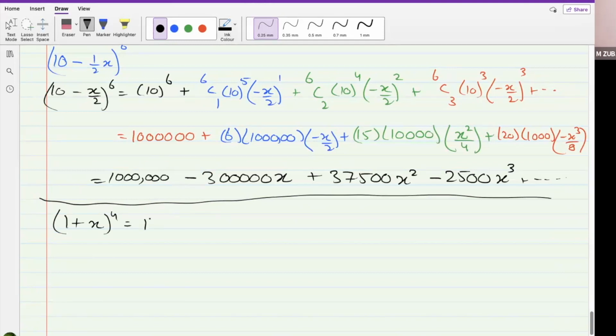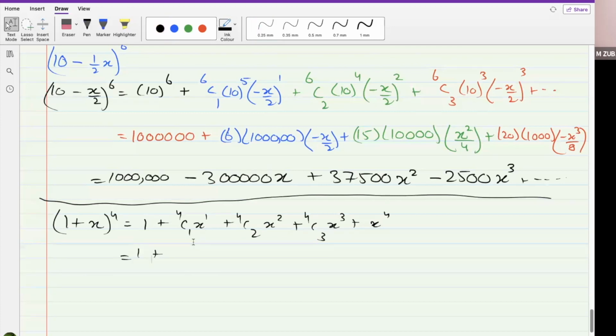So I don't have to write it again and again. So 1 plus 4C1 a, I'm missing it because it is 1, b1 plus 4C2 b2 plus 4C3 b3 plus 4C4 is 1, so I don't have to write it, and b4. You see, I haven't placed brackets here, so now it's not that much expanded.